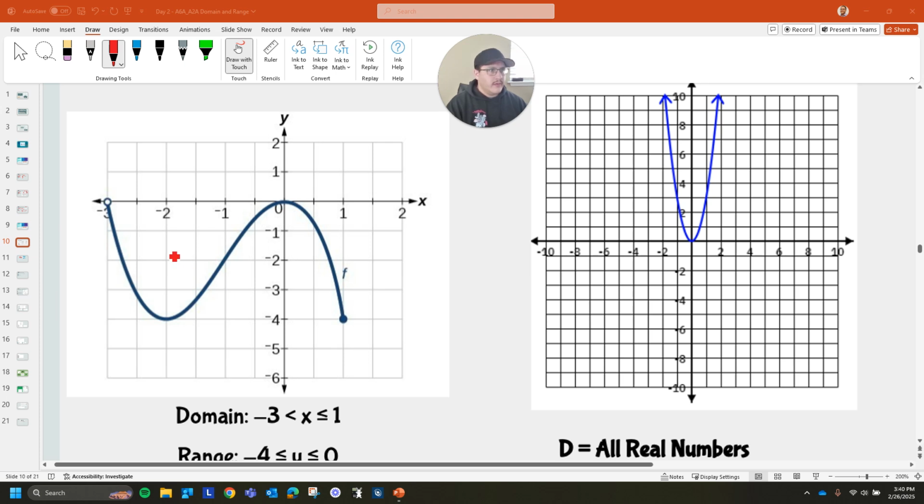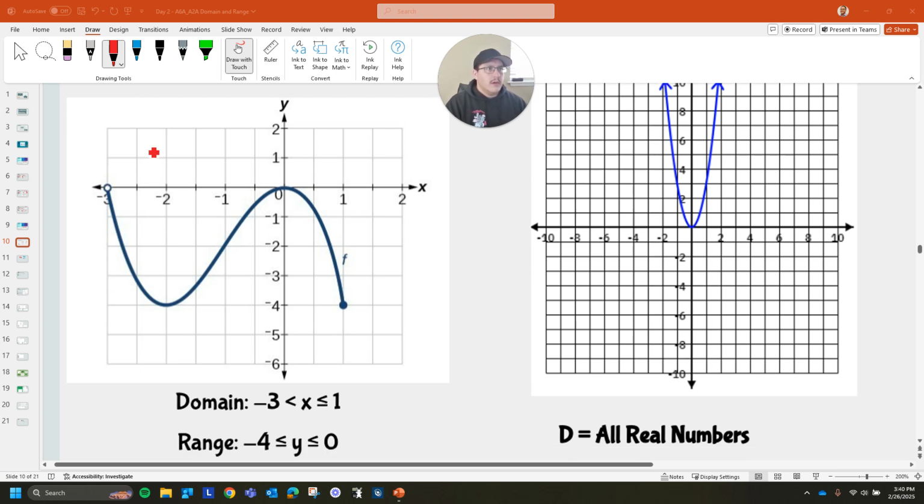I'm looking for x's. On the graph, that means I only care about the numbers that are related to the x-axis right here. So looking left and right, there's an endpoint to the left that I'm going to include in my domain. To the right, there's an endpoint that I'm going to include in my domain as well, positive 1.